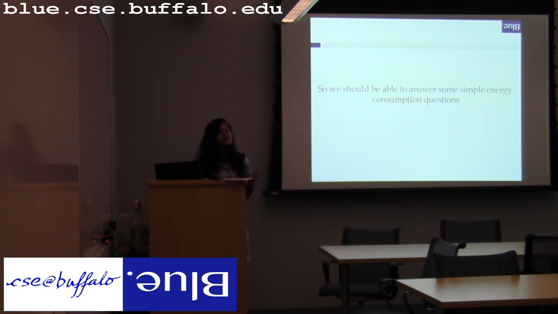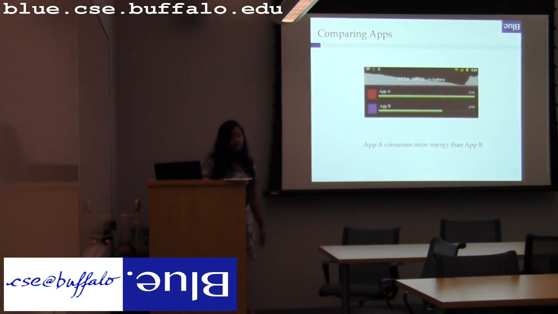So we can try to answer some simple energy consumption related questions, which are pretty important for any basic energy management policies. For example, when it comes to comparing apps, currently battery settings in your Android is going to show something like this. App A consumes 31% battery charge, App B consumes 21%.